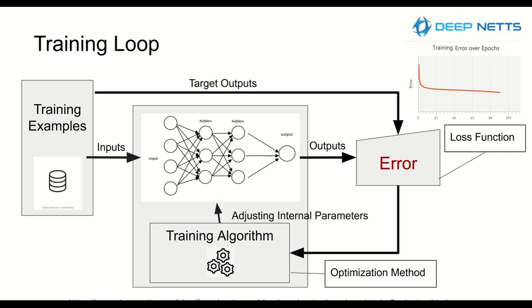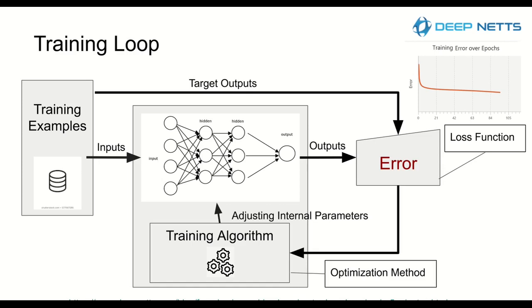The main point of this entire procedure is actually the training of the model, and this is another diagram which explains in more detail what's happening during the training phase. As you can see, we have a neural network, which is a kind of deep learning model, and we provide these training examples.